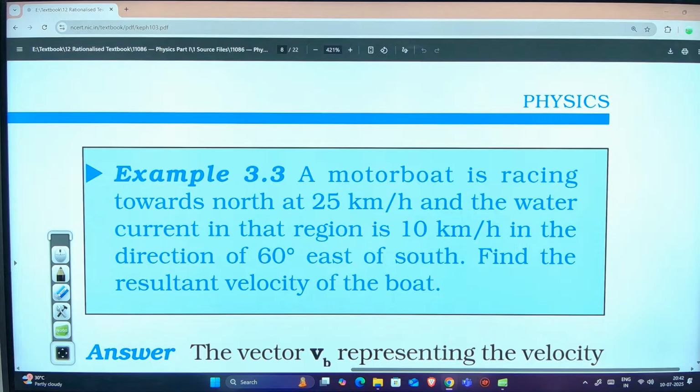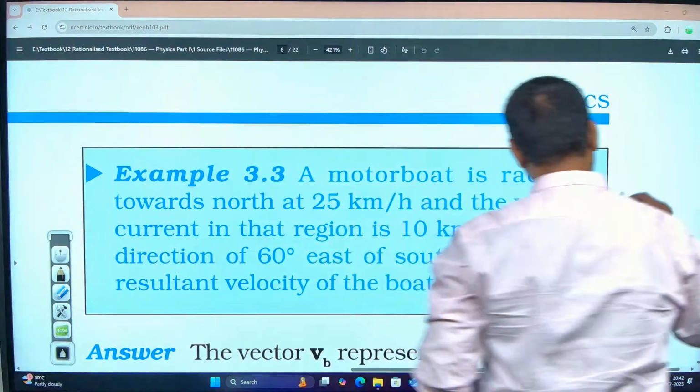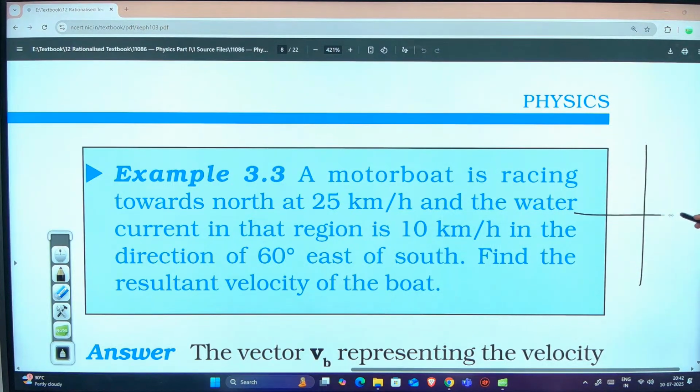Not required. You can give the answer in kilometer per hour itself. Come again. It means from south you have to go 60 degree east. East of south. Sir, I can take it in kilometer per hour itself? Yes, obviously. Same thing she asked now.